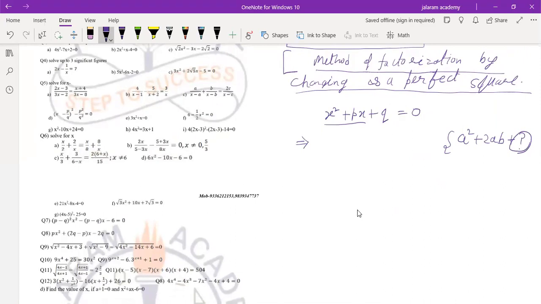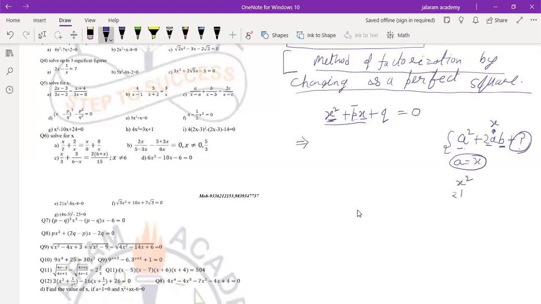Means first two are converted to a perfect square. Okay, so how to convert it to a perfect square? So compare it with x square and a square. So a equals to x. In place of a square, it is x square. Understood? In place of 2b, it is p. In place of x, it is a. So this is x. So except x, the second term has 2b. In this 2b equals to p.